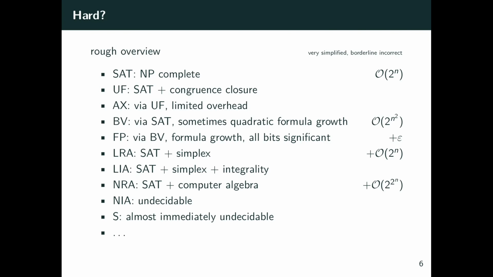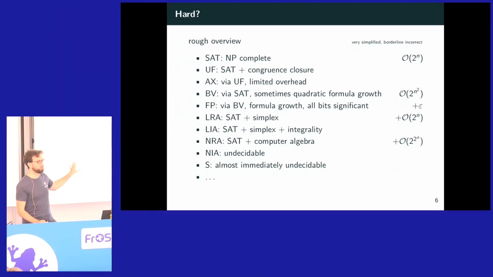But if you start to do additions and multiplications, your formula grows. Because what you usually do is you encode it into Boolean logic, and that means you're putting full adders into the SAT solver. And I don't know if you have ever seen the diagram of a full adder for a 64-bit integer. It looks pretty bad.